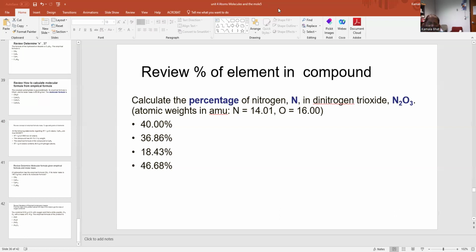Remember that these problems do crop up again in different chapters, because empirical formula and molecular formula have many applications, and you need to know how to find out the formula of the compound. And with that, I'm going to stop the share and end the meeting.